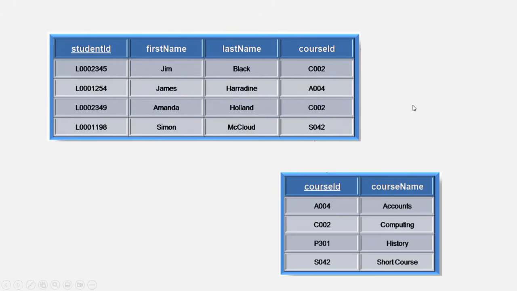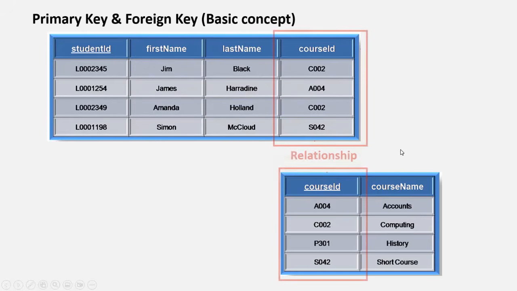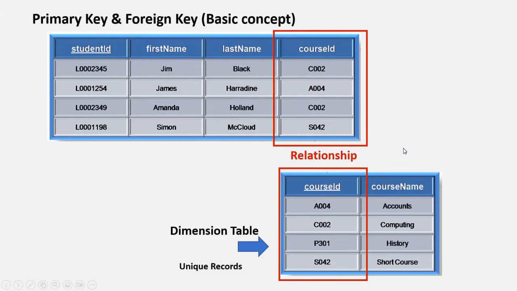Now, how to create a relationship? We have identified that the first table is a fact table and the second one is the dimension. Now it's time to create a relationship. For creating a relationship, you have to identify a common column which is available in both tables. Okay, so course ID is a column available in both tables, and that will help us create a relationship.